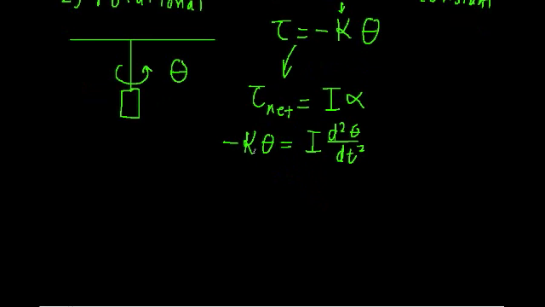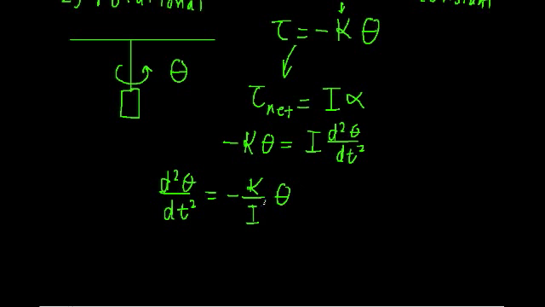And you can easily see, when we divide by I on both sides, that we rediscover our characteristic simple harmonic equation. We get the second derivative of theta with respect to time is equal to negative kappa divided by I times theta.